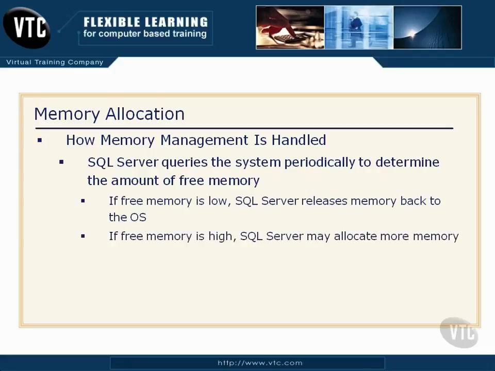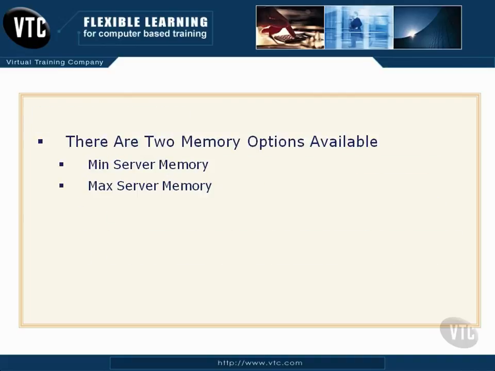If the free memory is high, meaning there's a lot of extra memory sitting out there, SQL may allocate itself more memory if it's under a workload that it determines more memory could help it process better. Again, it only allocates more memory when the workload requires it.